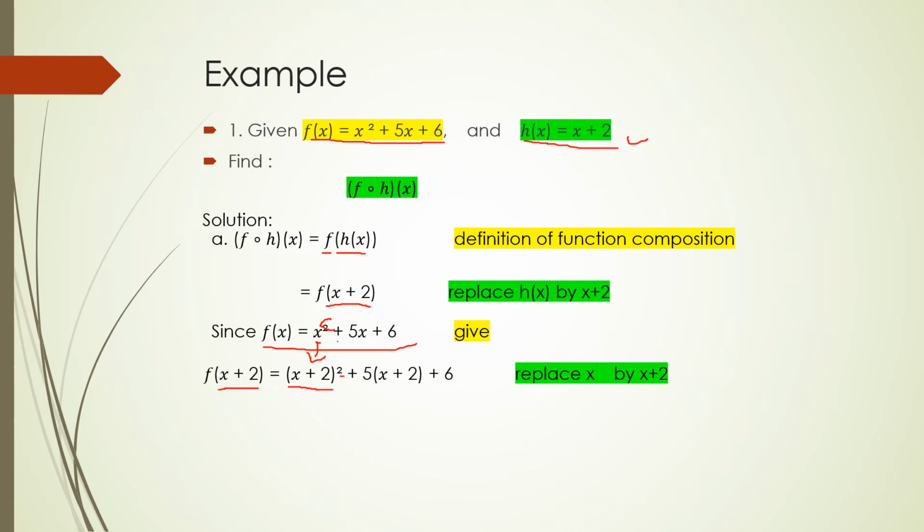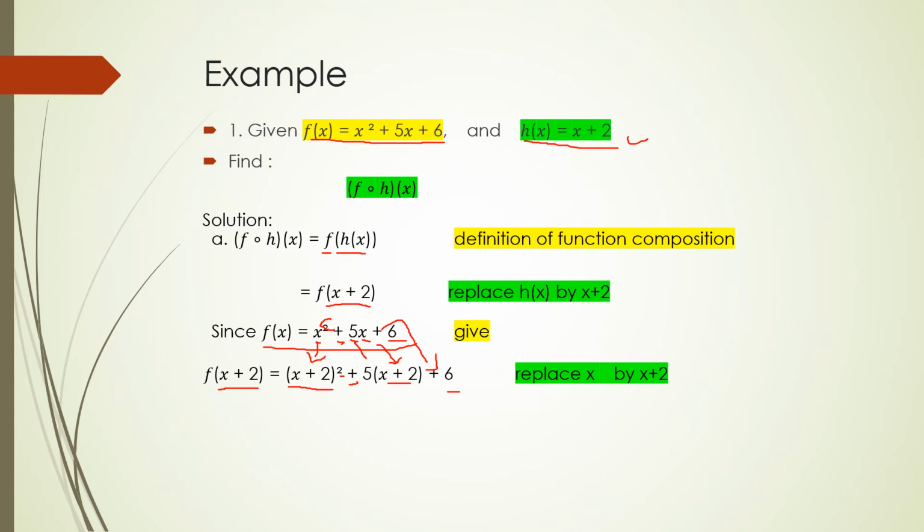Then we follow the equation: addition, and we have 5 and 5 also there. This time, for x, we use x plus 2. Then addition, and then we have 6.